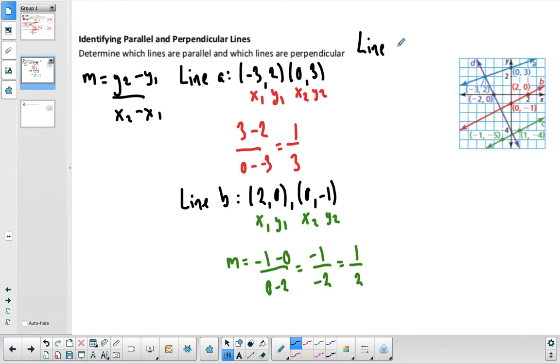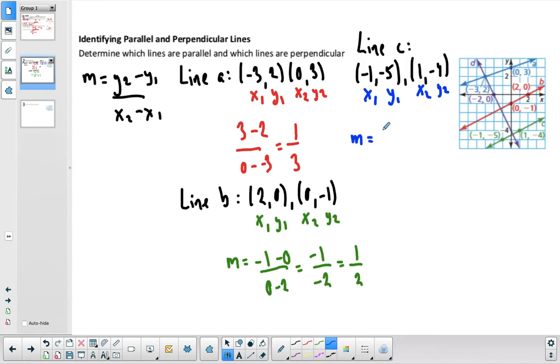All right, so now we're going to try line C. And line C is there in the green. Looks like I got negative 1, negative 5. And then I've got 1, negative 4. And so now, again, there's my x1, y1. There's x2, y2. So let's see here.